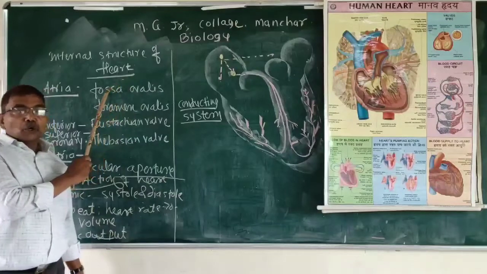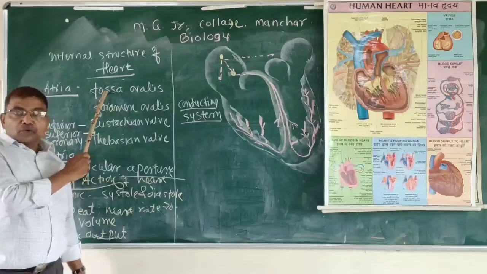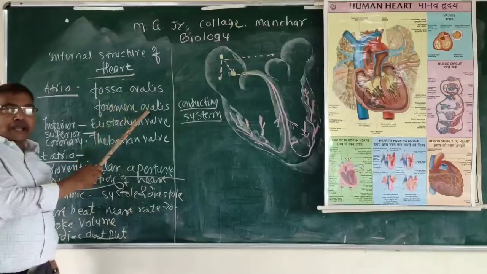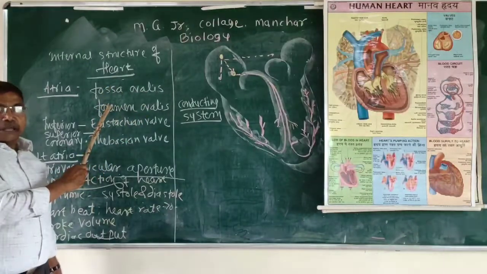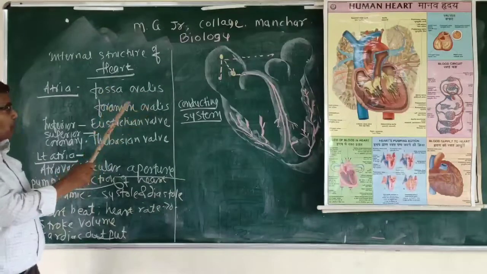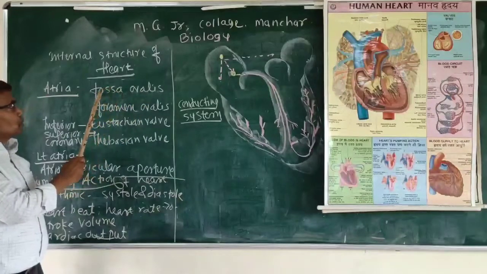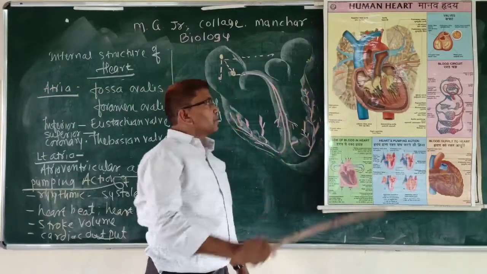That depression is not functional; it is nothing but the remains of the foramen ovalis, which may be functional during the embryonic condition. Its remains is called the fossa ovalis, which is observed on this interatrial septum.